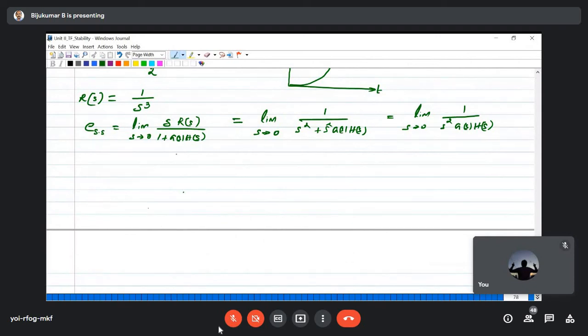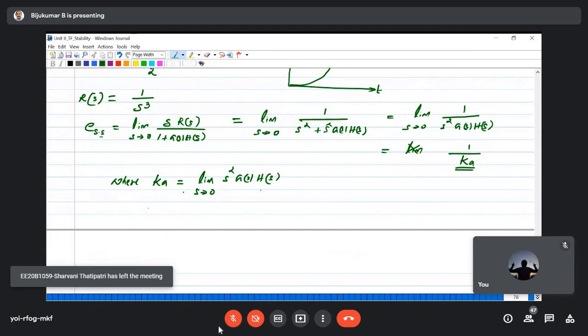So steady state error is 1 divided by Ka, where Ka is equal to limit s tends to 0, s square G(s)H(s). Actually, it is easy to remember, right? For positional static error constant, it is just limit s tends to 0, G(s)H(s).